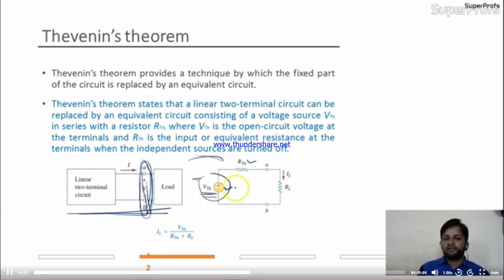So like this we replace, and once we replace, the I_L is nothing but V_Th divided by R_Th plus R_L. Is it clear to you?